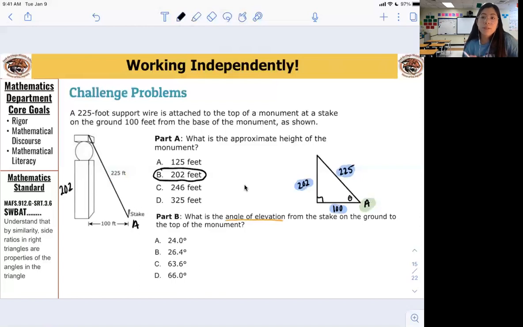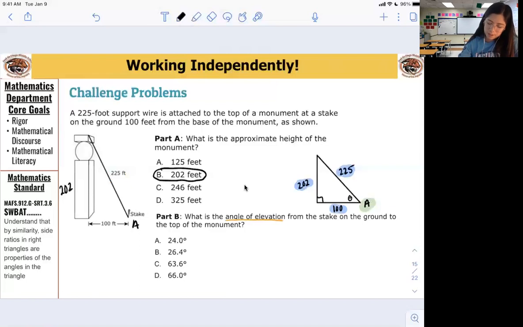We don't know the angles, but we know the opposite, the adjacent, and the hypotenuse. I think it would be easier if we use the adjacent and the hypotenuse. Okay, adjacent and hypotenuse. So what's that going to be?